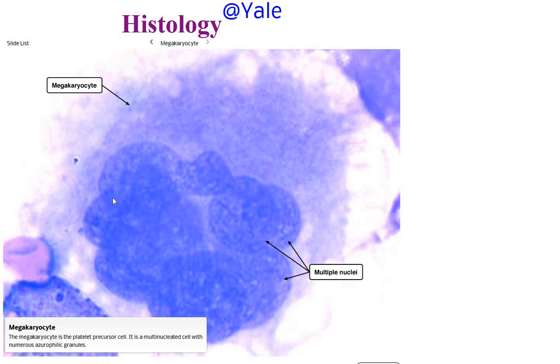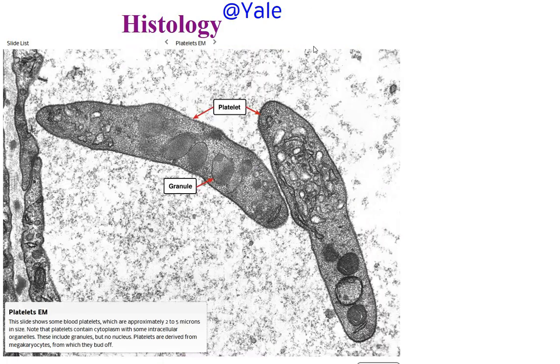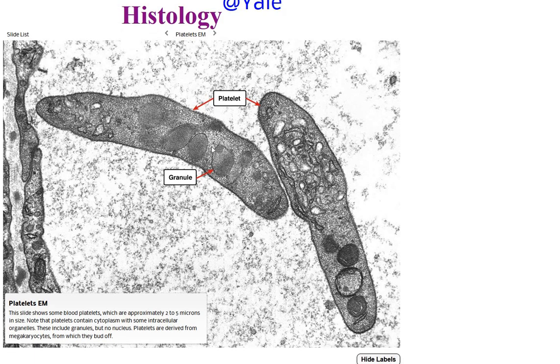We can see this has a lot of nuclei, so it's a multinucleate cell with lots and lots of granules. And so what's going to happen is our megakaryocyte will split off to form our platelets. Now, we will not be able to see this much detail on our slides. This is an electron microscope. So this allows us to see organelles of the platelet.